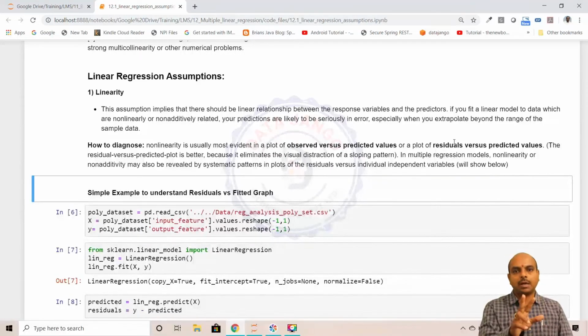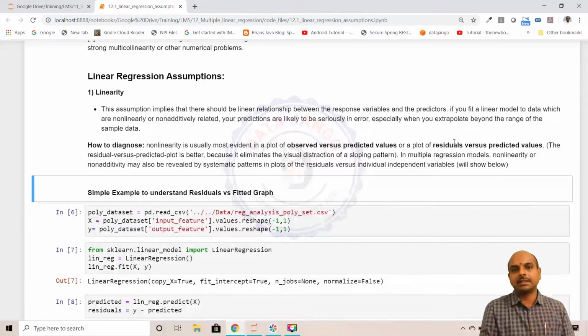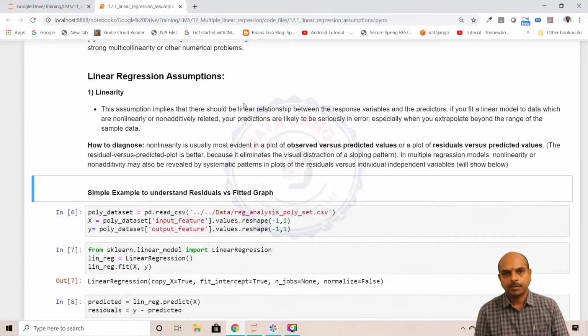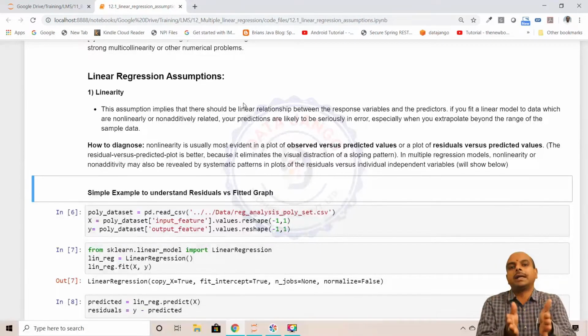So those two columns, if you plot a graph between them, can explain what kind of relationship there is between all x's and y. The first linear regression assumption is that there should be a linear relationship between input variable and output variable. If you have only one input variable and one output variable, you can check it by drawing a scatter plot in a two-dimensional space.